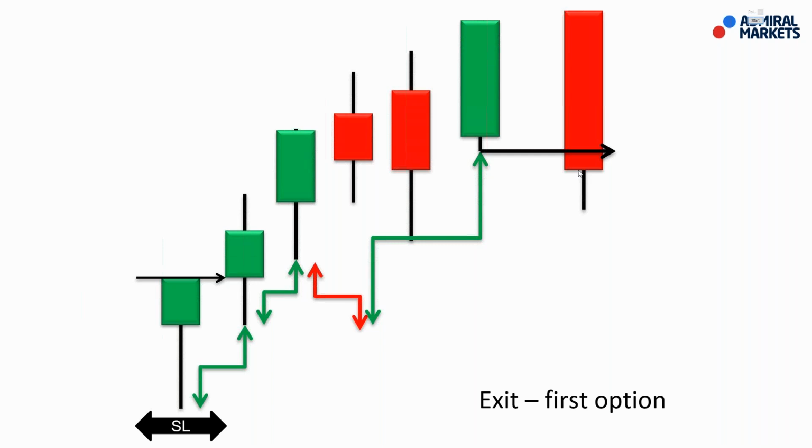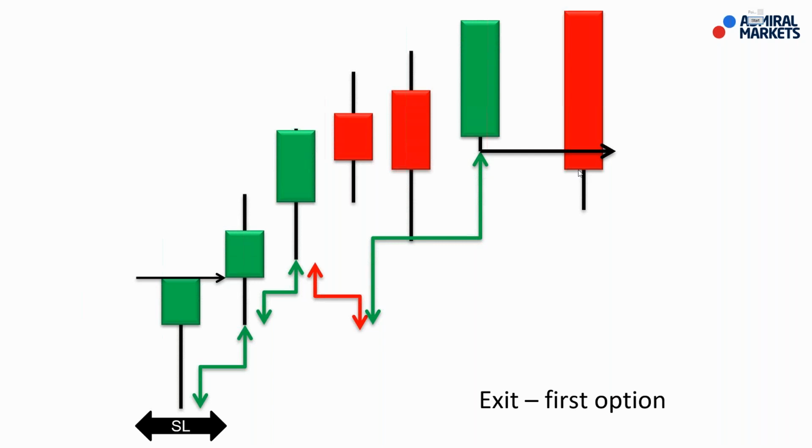Maybe you're watching my webinars by Admiral Markets on Thursday in English, and you know my first target is placed at the Fibonacci retracement. My second target is placed where I can see the volume is high or the volume close by market profile.